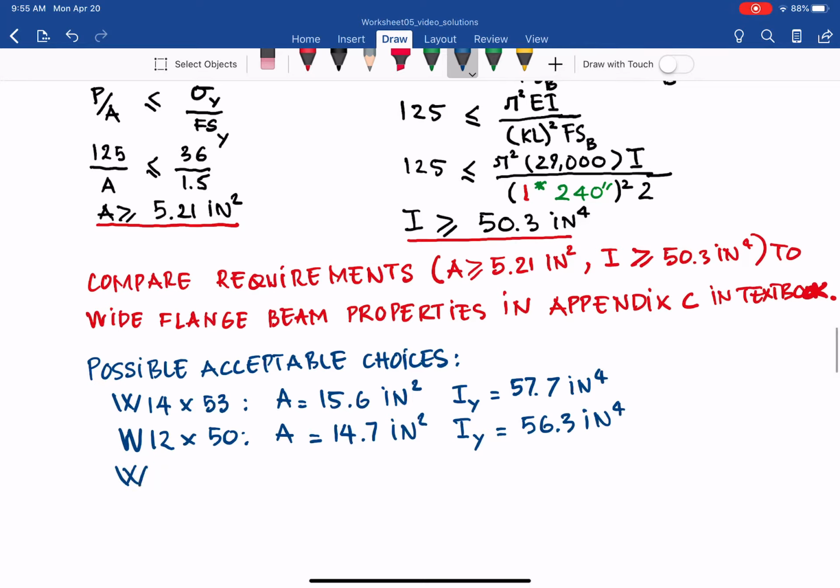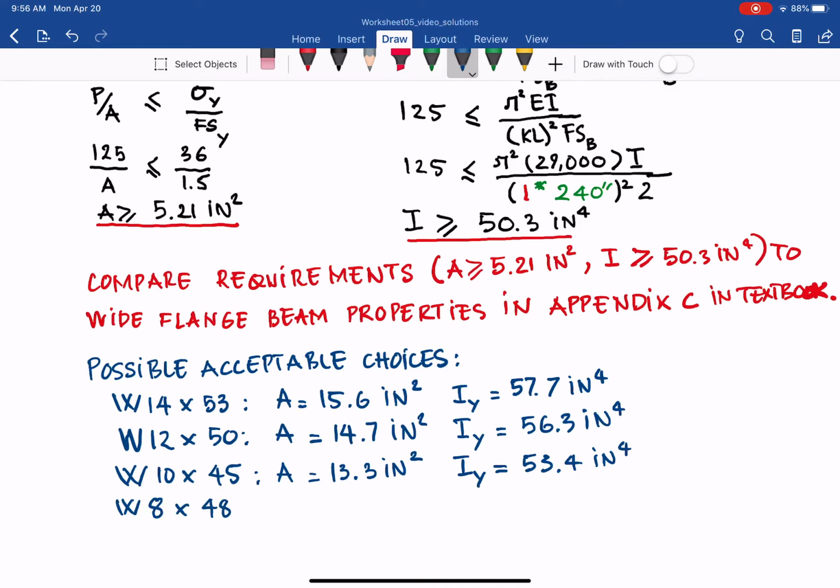And W10 by 45, the area equals 13.3 inch square, and the area moment of inertia about the y-axis equals 53.4 inch^4.